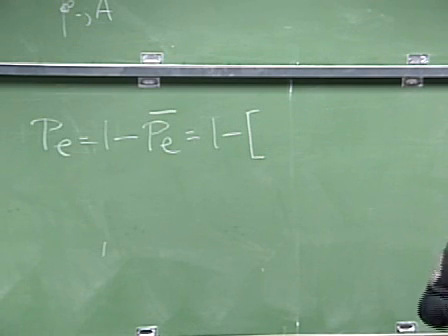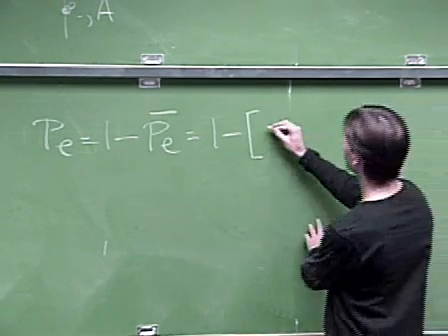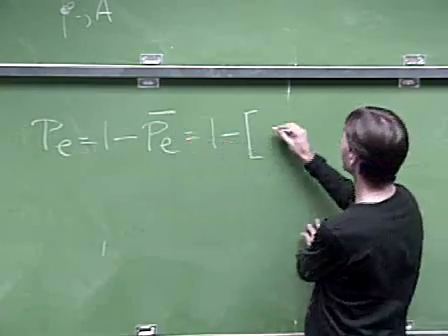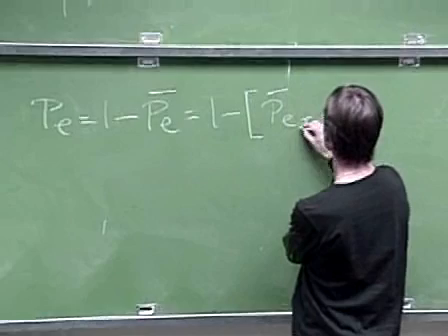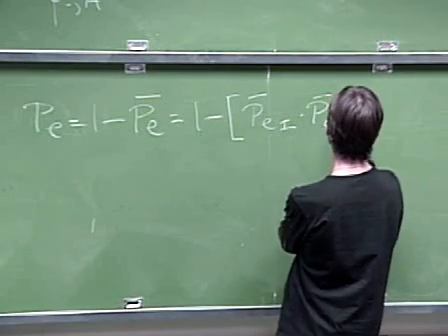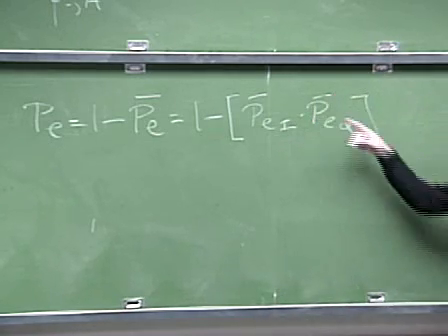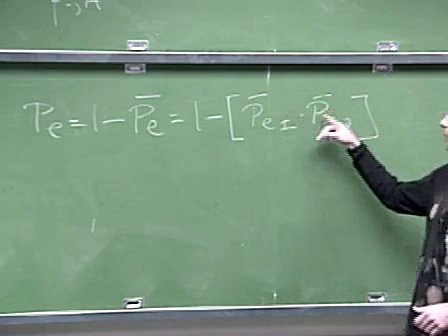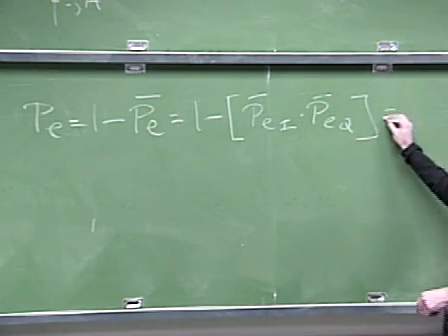Remember that when you have the probability of two events happening, if they're independent, you can just multiply them out. So the probability that there is no error in the QPSK is equal to a probability that there is no error in the I branch times probability that there is no error in the Q branch. Okay, something like this. So we have a product of no error probabilities on the I and on the Q BPSKs.